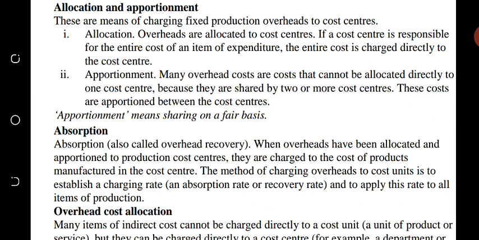Now let's explain this allocation. Allocation simply means that you don't share. You allocate, meaning you take the whole cost and include it to a particular cost center. For example, a company incurs electricity, and the electricity bills delivered to the company cover, let me say, three different departments.